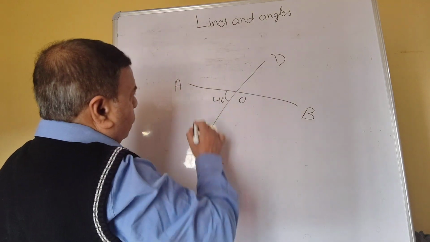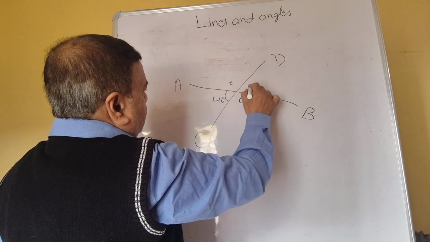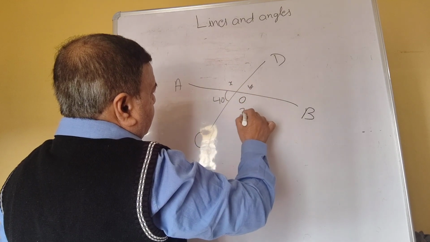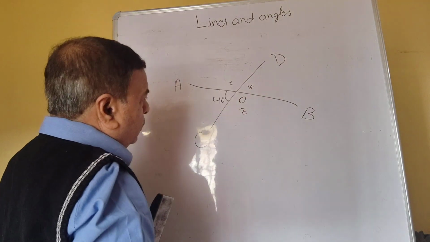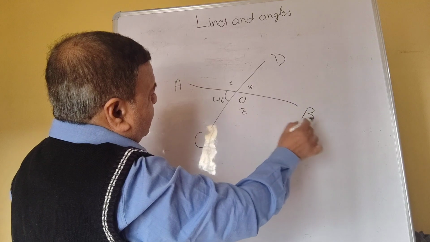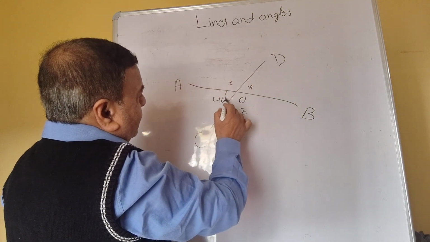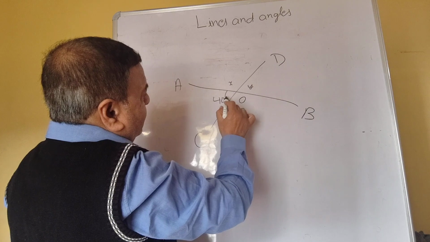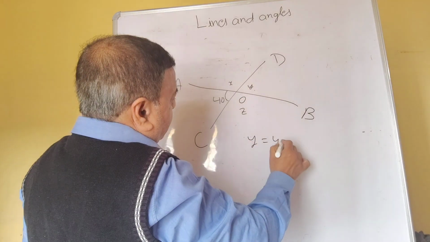So we need to find the value of x, y and z. Since AOB is a straight line, COD is also a straight line, this 40 degree angle is equal to y. So y will be equal to 40 degree.